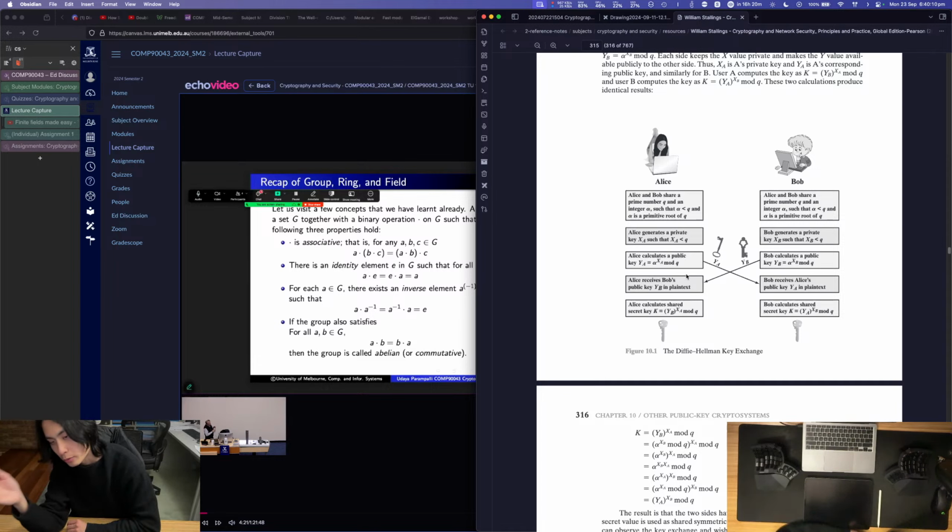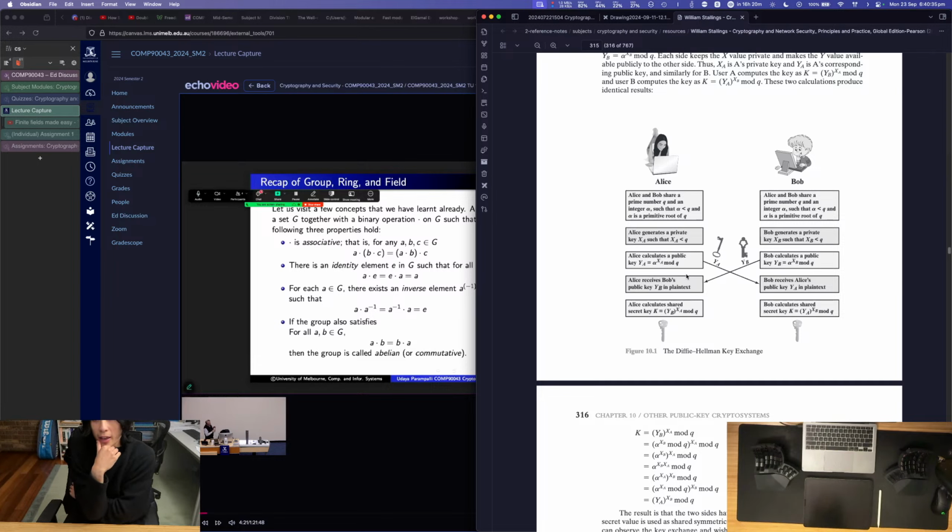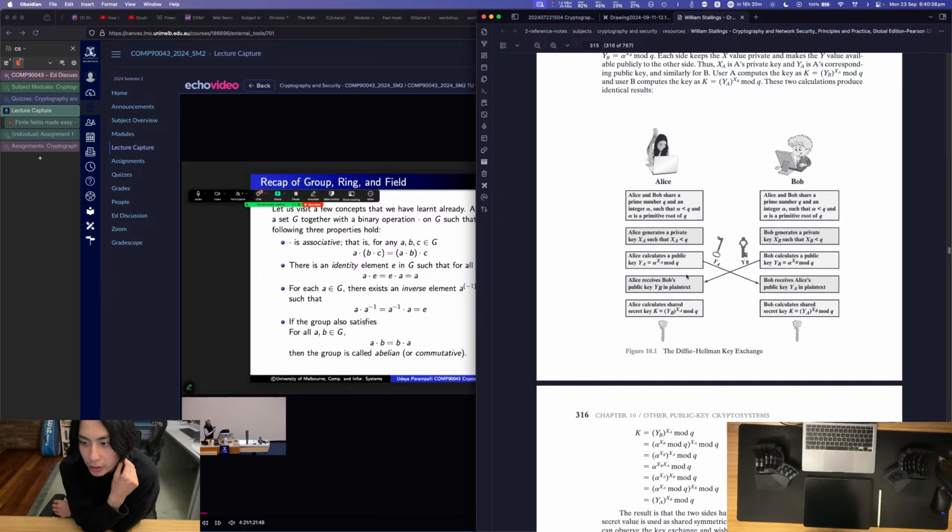Because it's a primitive root, it's still going to be within q, and Bob does the same thing. These y's get sent to each other, and Alice calculates a shared secret key, k, which is equal to yb to the xa mod q, and Bob calculates the shared secret key just like that.